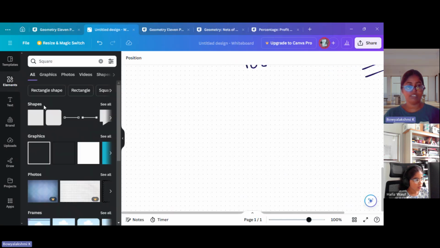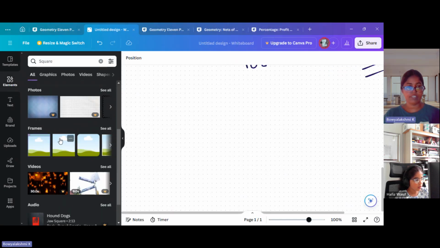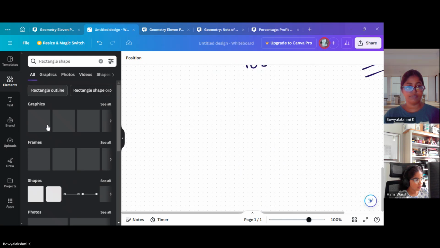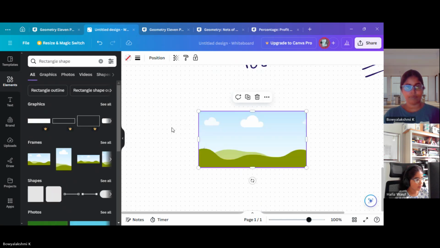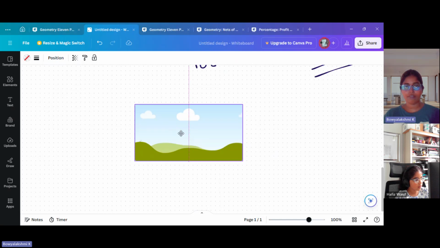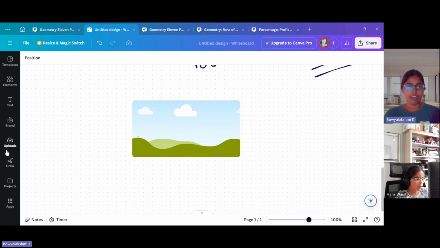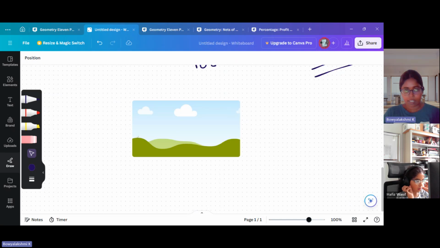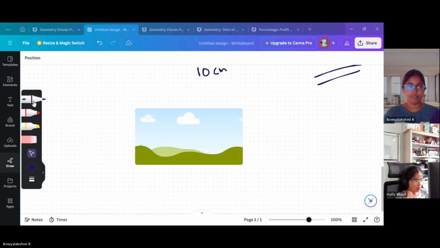Take a rectangle. Length is 50 millimeter. Also, we have one square.